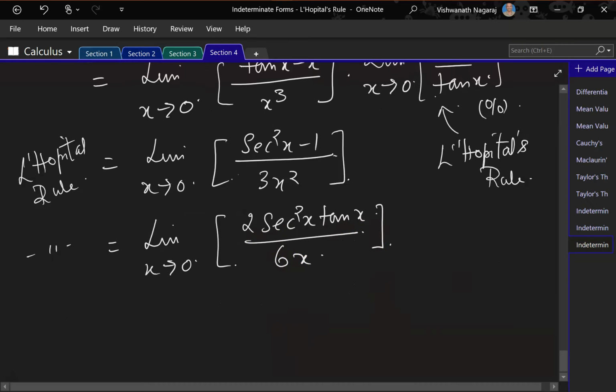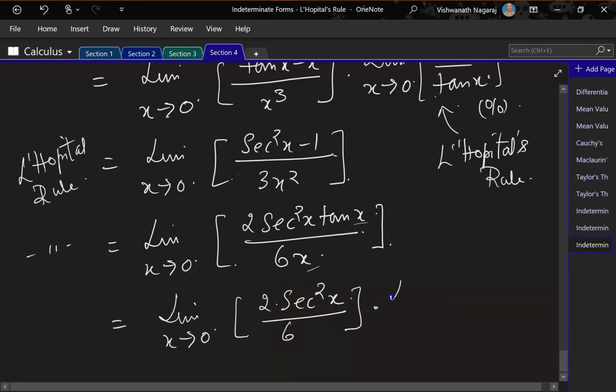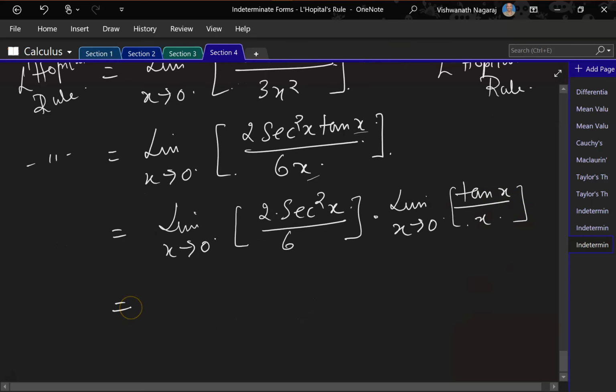Now here we have tan x by x. So let's split it: limit as x approaches 0 of 2 sec square x by 6 times limit as x approaches 0 of tan x by x. This is again 1, so we can ignore it.